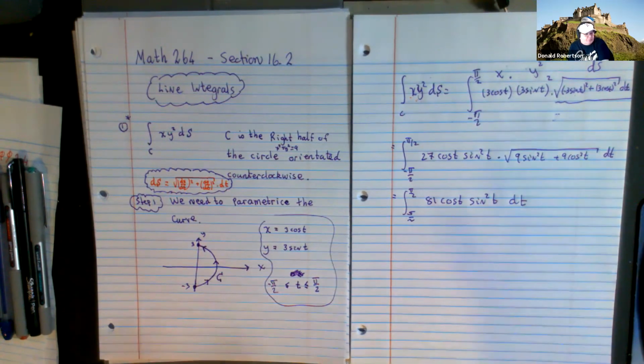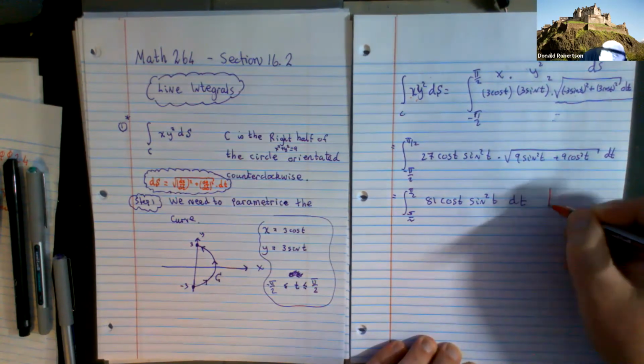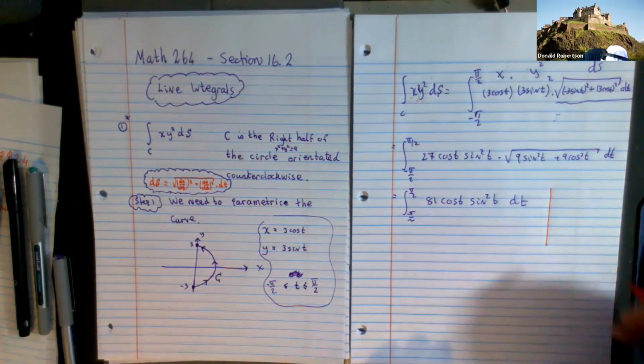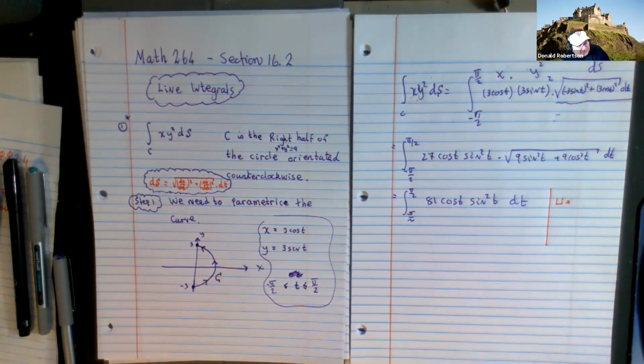I just don't want to have to write too many lines. Okay, you are looking at a Calc 2 question. So what technique will I use to integrate 81 cosine t sine squared t? U substitution. Agreed. So all we're left with now is picking the right one, right? Typically in these questions, isn't the u sub just sine t on its own or cosine t on its own? That's typically what you would choose, and this is one of the typical questions.